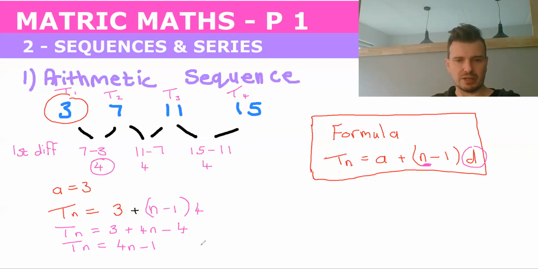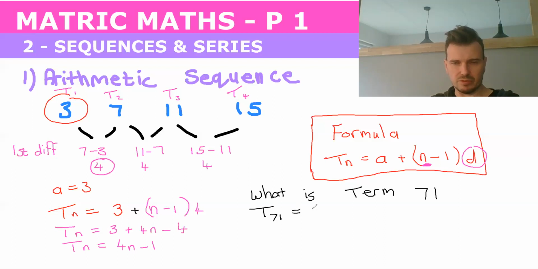So a question they might ask you could be, what is term 71, say? And so all you do is you say T71 because that's the term, equals 4 times 71 minus 1.